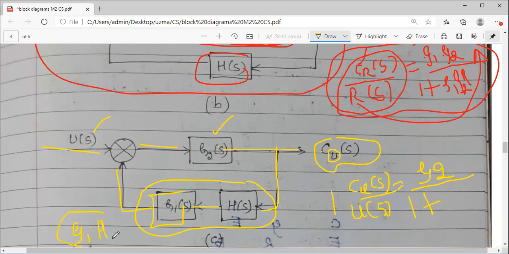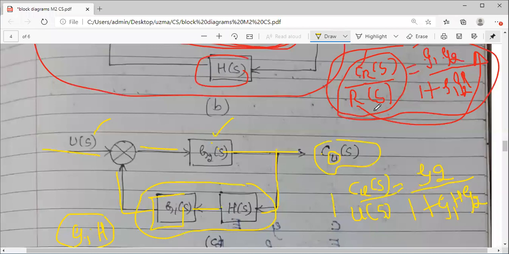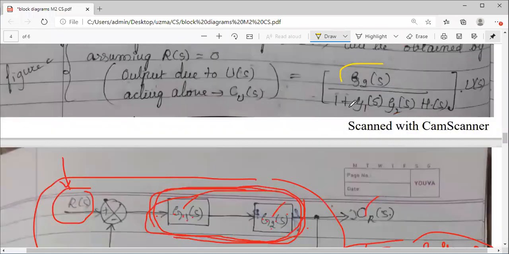So what is this? It is the feedback transfer function. So this and this, both I have to consider here. That is G1 into H into G2. So I have written here G2 divided by 1 plus G1 into H into G2.